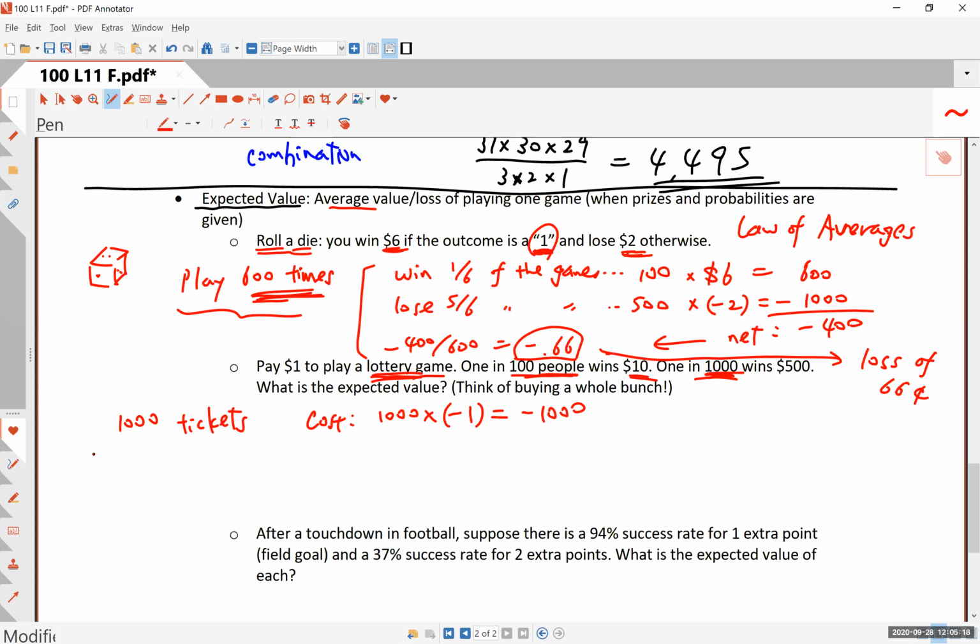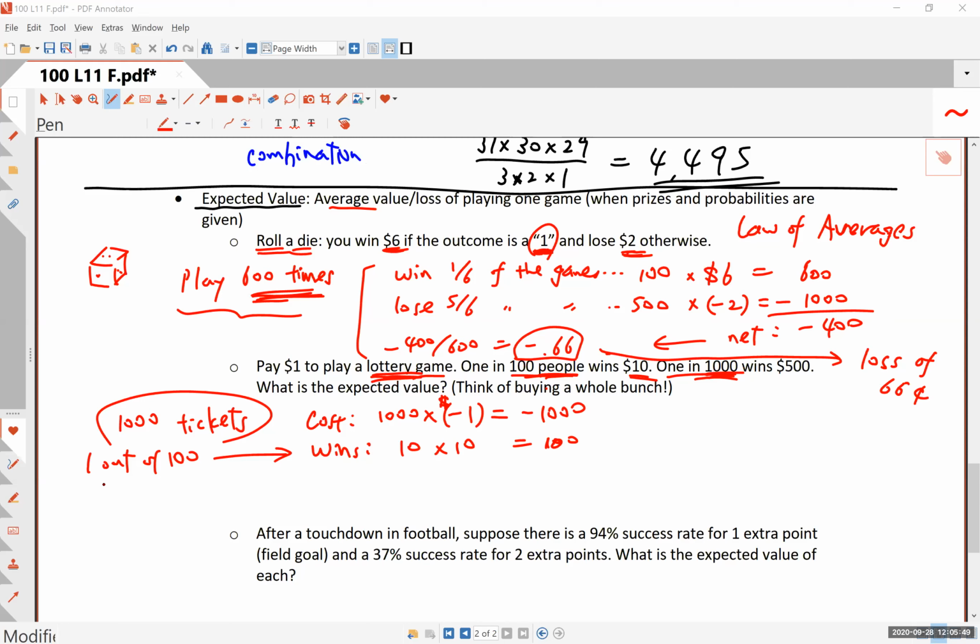Out of 1,000 tickets, theoretically 10 of those tickets will win $10, right? And so that's $100 you win, because 1 out of every 100 tickets will win $10.